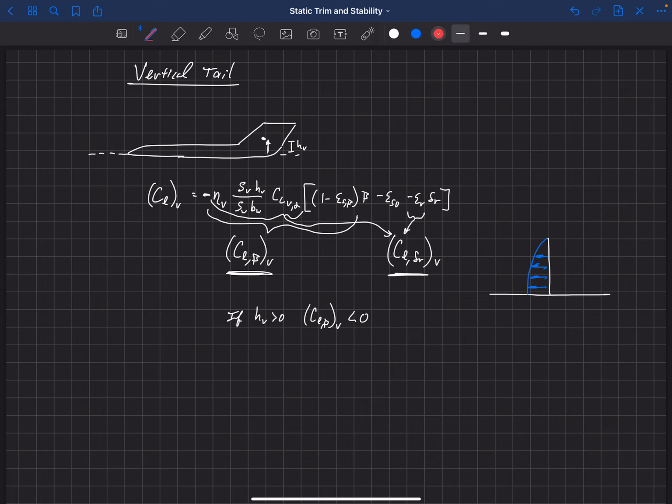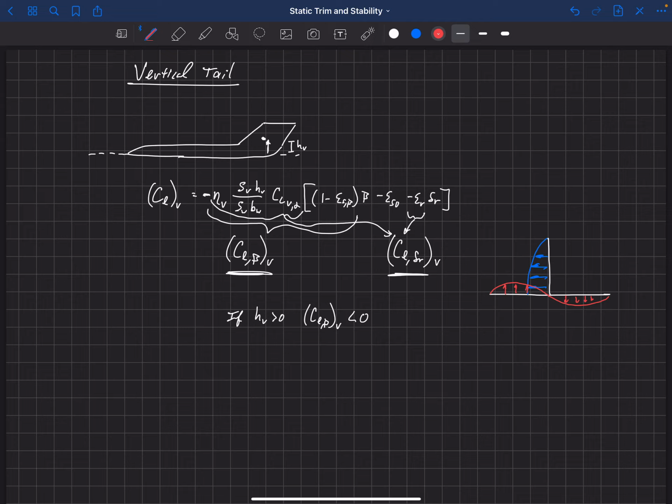And then on the horizontal, even if we have no angle of attack, just due to the low pressure on the vertical, we're going to get a low pressure region that creates a lift distribution that will look something like this on the horizontal. Okay, so we'll have some lift on the left-hand side and some negative lift on the right-hand side.